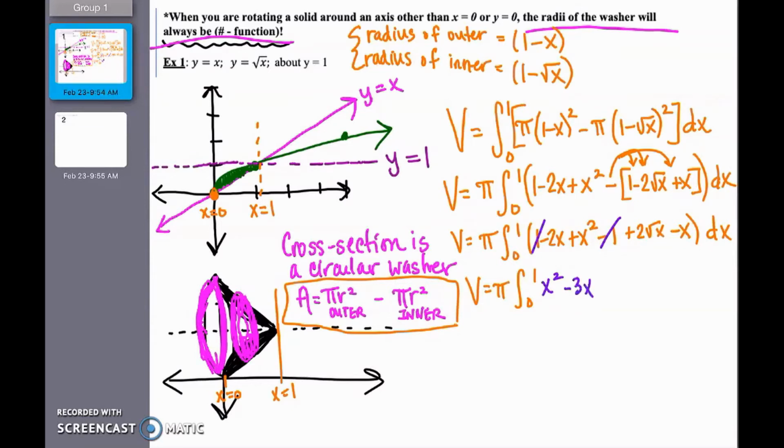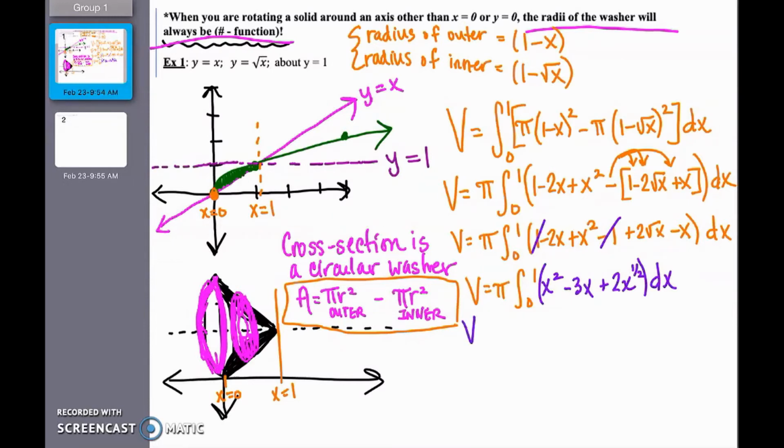That makes a negative 3x. And then I have this 2 square root of x. Well, I'm going to write it as an exponent, so plus 2x to the 1/2 power. The reason I did that is because my next step is going to be to integrate each of these terms, and I want to think of each of them in polynomial form, because that's going to be easier for integration.